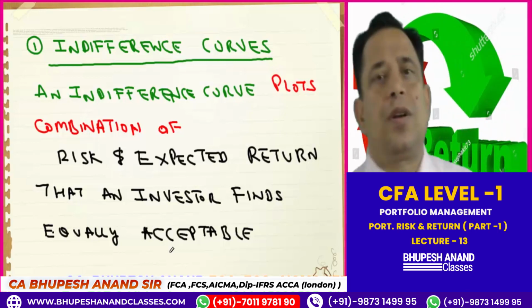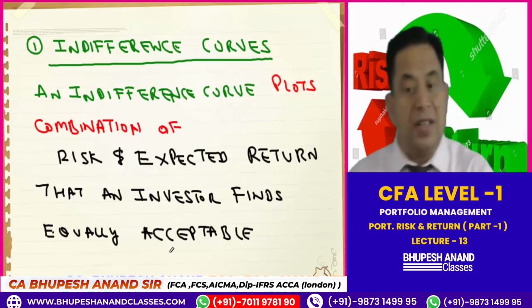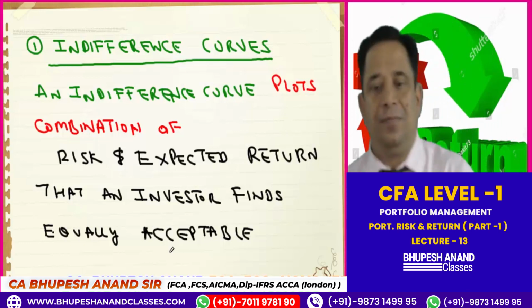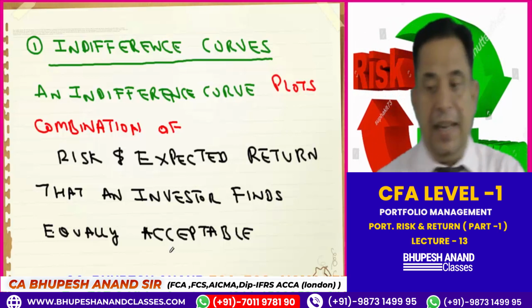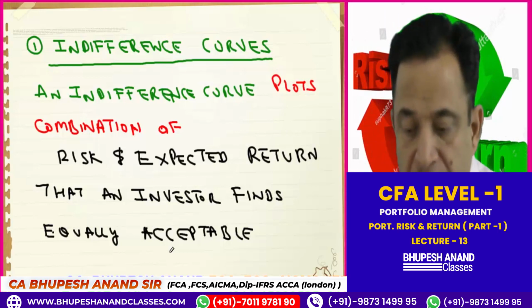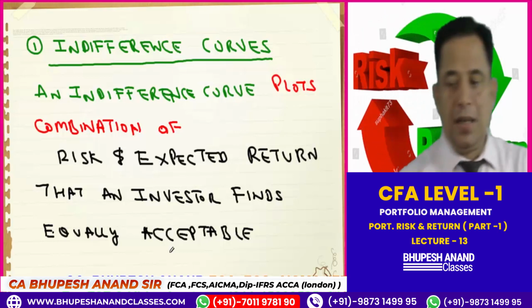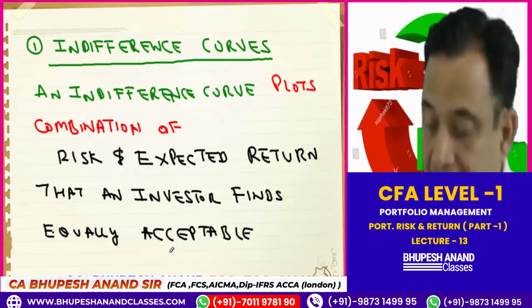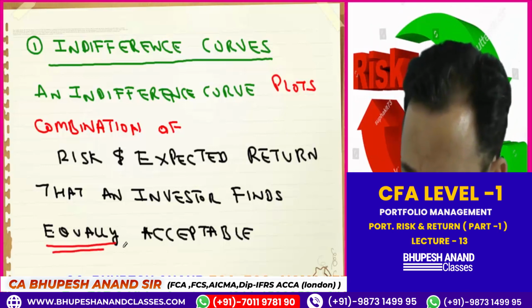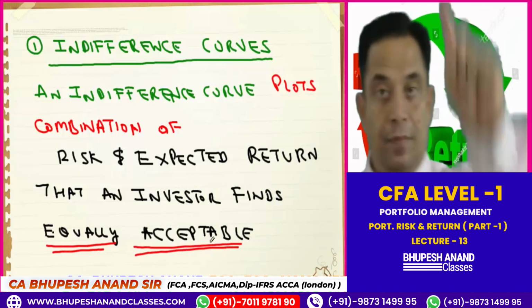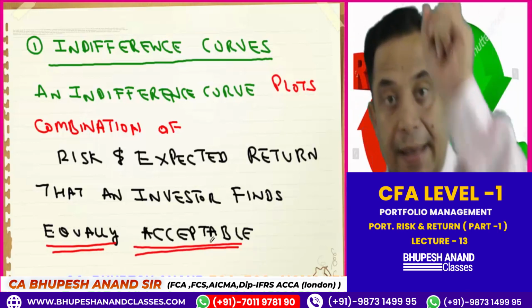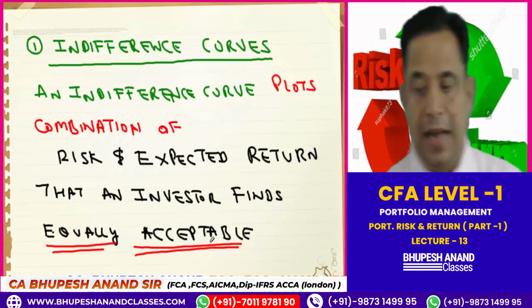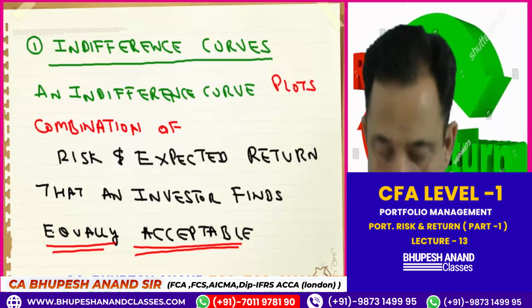Just write the first point. The first point is the meaning of indifference curve. An indifference curve plots the risk and expected return combinations that an investor finds equally acceptable. The word is equally acceptable.